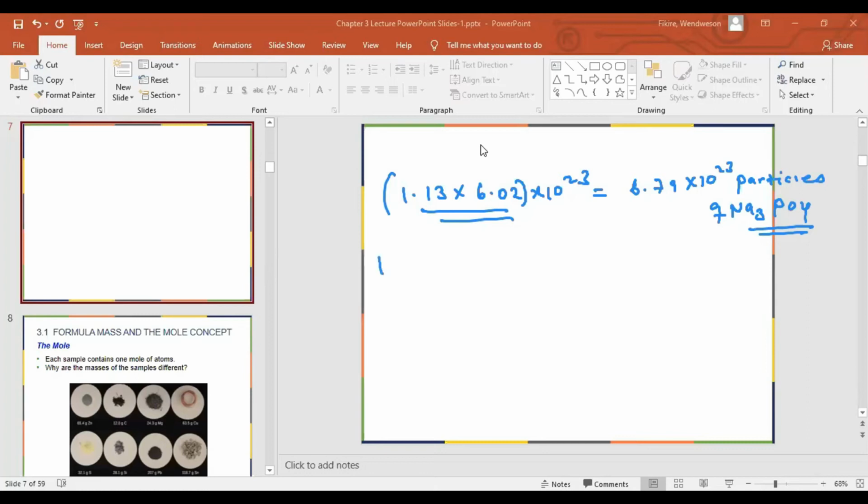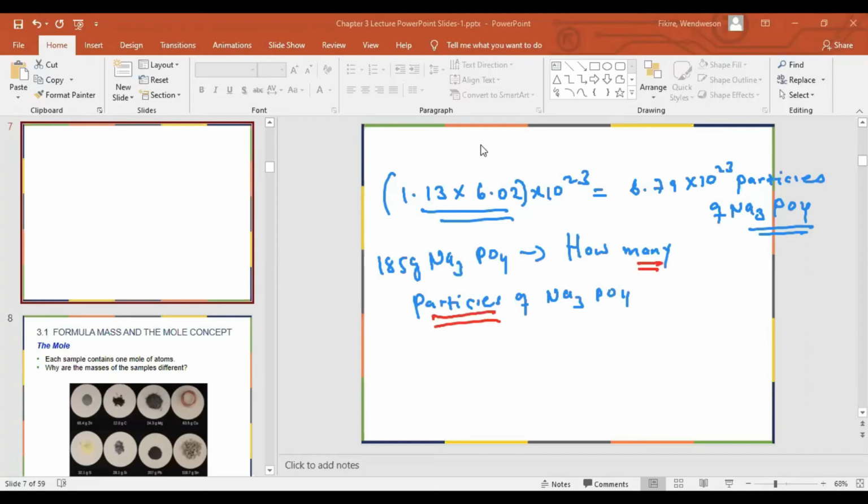I gave you 185 grams of sodium phosphate, and out of that, I wanted to know how many particles or molecules of sodium phosphate are there. That's why we are working with Avogadro's number. The words how many are a key phrase here. You see, Matt, that's how we have to move to Avogadro's number.